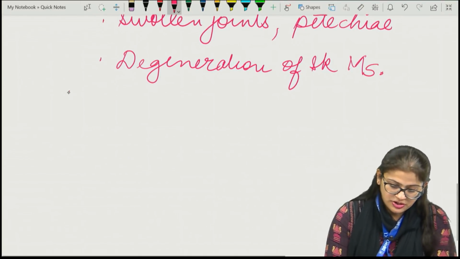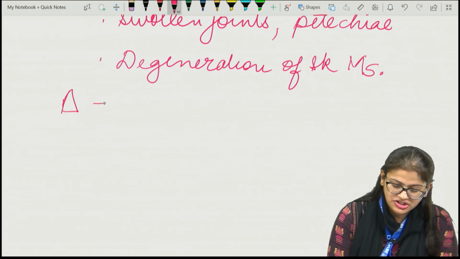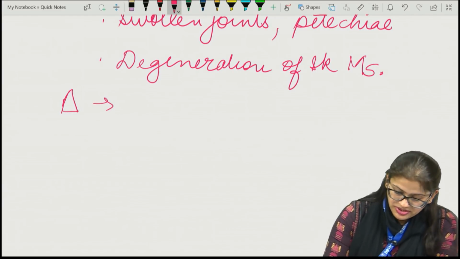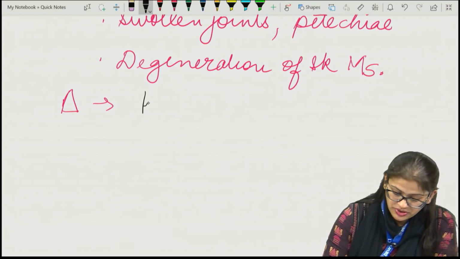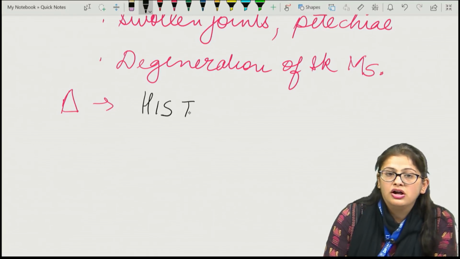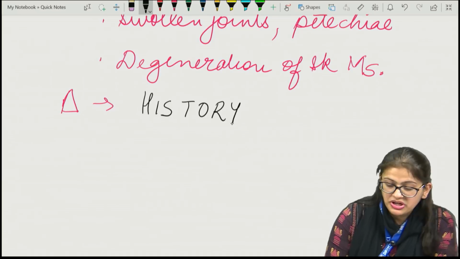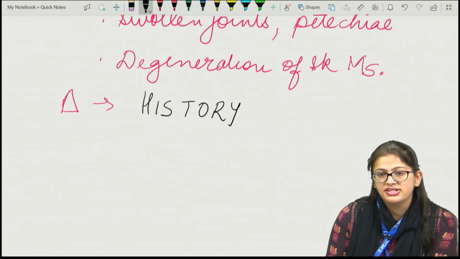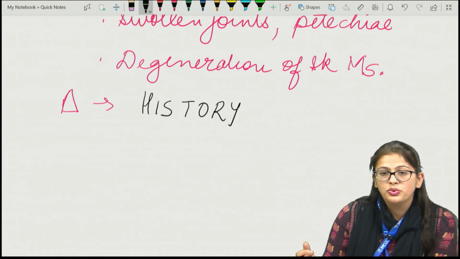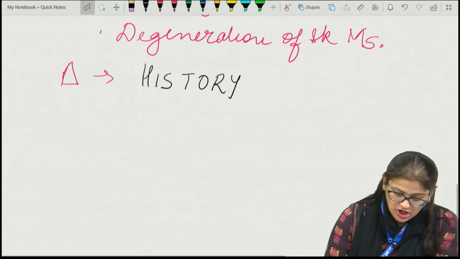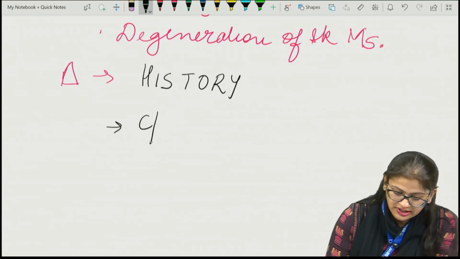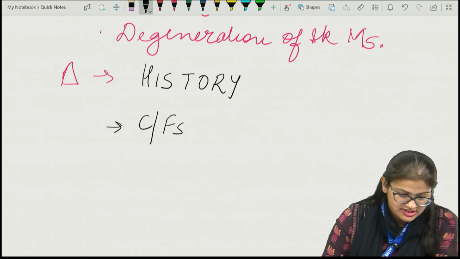So how do you diagnose vitamin C deficiency? Well, for diagnosis, you need a proper history, where the child may be predisposed to vitamin C deficiency. For example, like we have discussed, a child who is on a milk-based diet may be predisposed to vitamin C deficiency. Along with that, the characteristic clinical features that we have just now discussed.